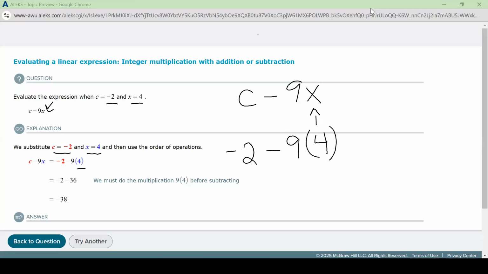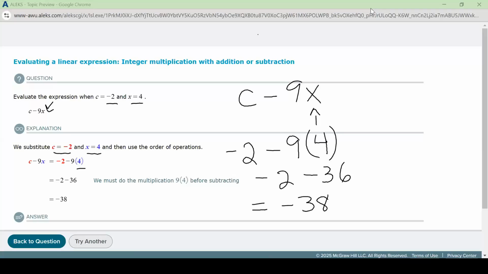And you see what I have here is exactly the same as what's on the left. And then you have to simplify. So -2 minus 9 times 4, which is 36. And then that's equal to -38.